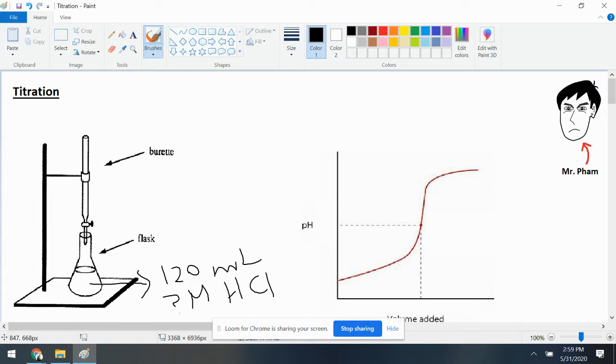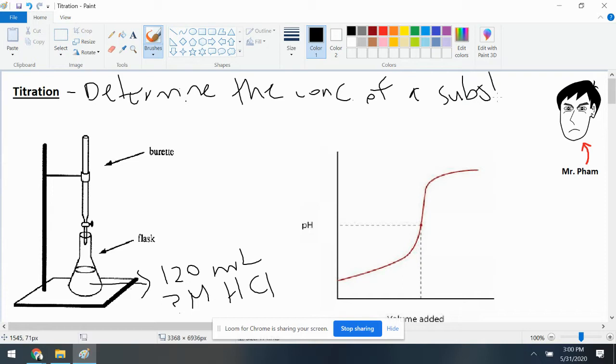And what we're going to do is we're going to use something called titration, which is a process for us to determine, let me write this down, we can use this to determine the concentration of a substance. For this substance, it's going to be hydrochloric acid.